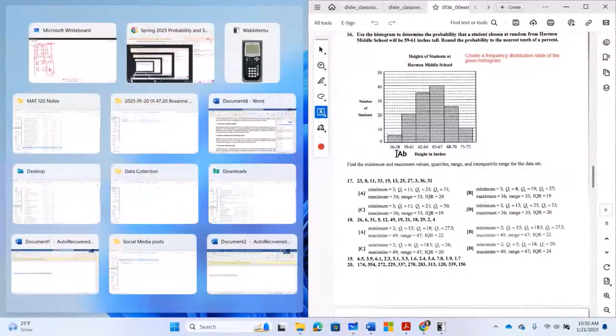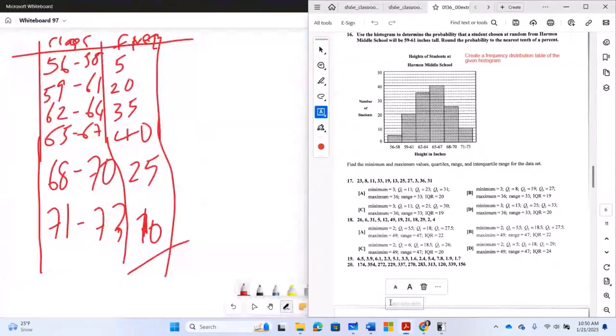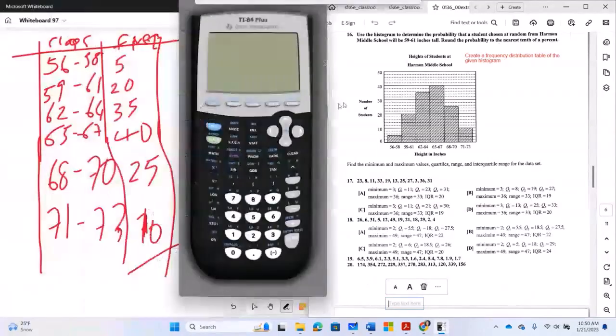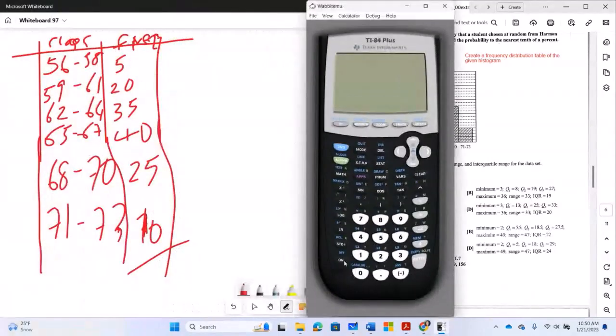Right now I am going to find the relative frequency of the classes. But before I do, I need to know the total frequency. So what is the total frequency? How many students were included? I can go ahead and add them up.